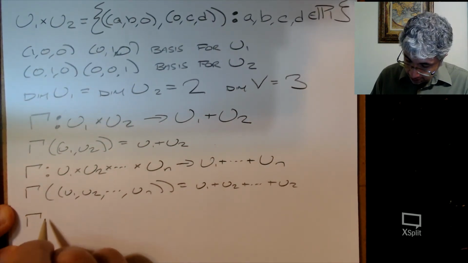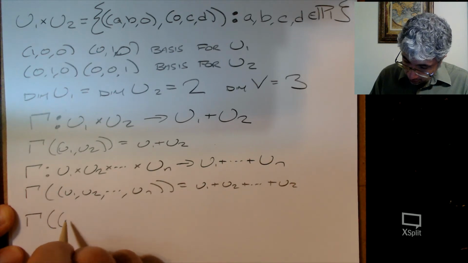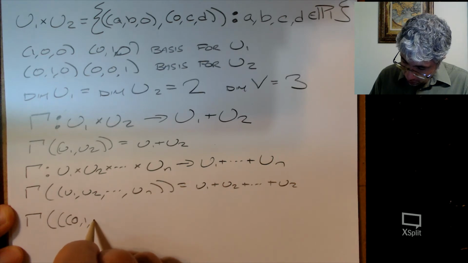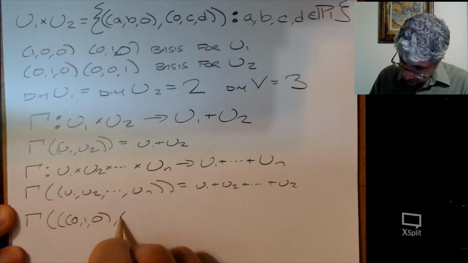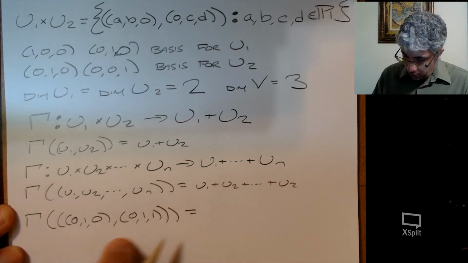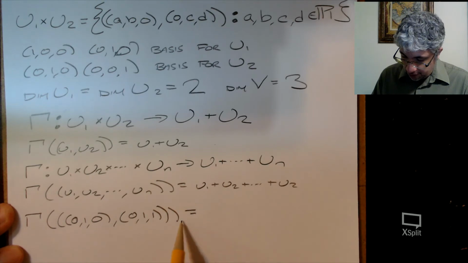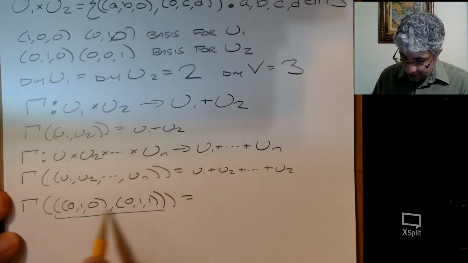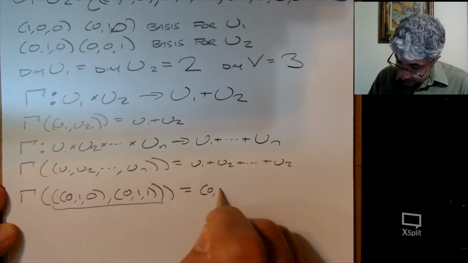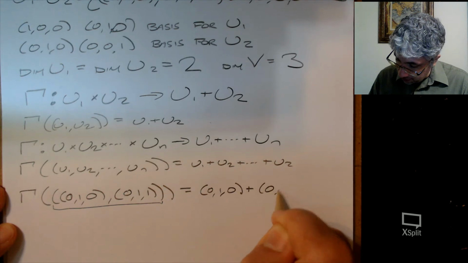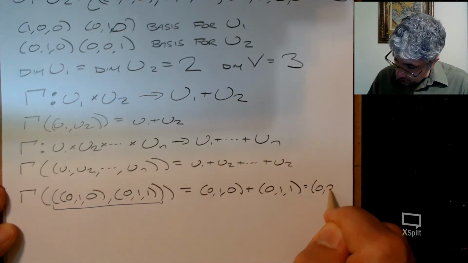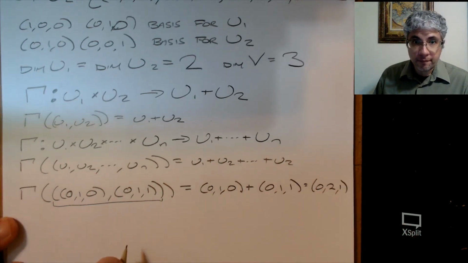Let's say I had gamma of ((0, 1, 0), (0, 1, 1)). I know there's a lot of parentheses here, but we have a pair of triples and we're putting that inside gamma. So what do we get? We just get the sum: (0, 1, 0) plus (0, 1, 1). So that's how our map works, and this would give me (0, 2, 1). Okay?